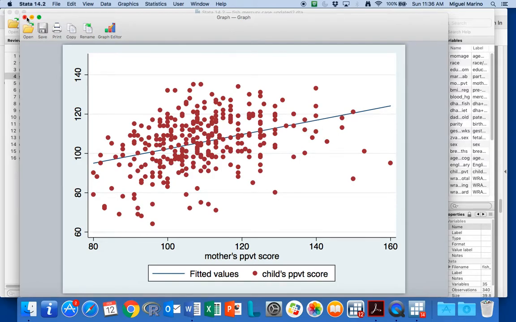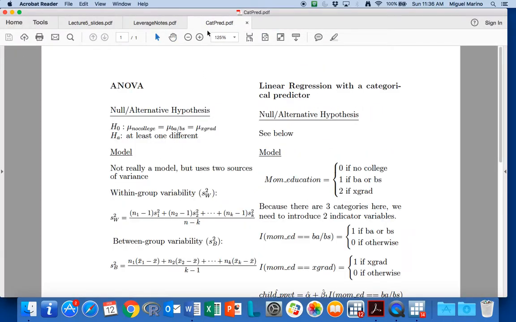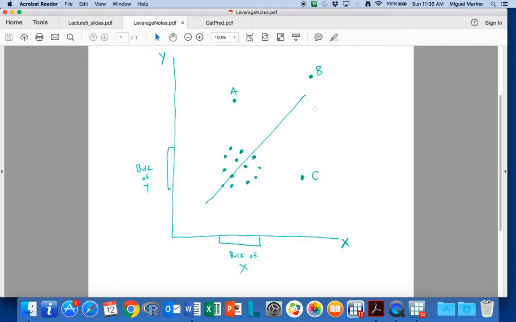So it doesn't necessarily always happen this way. Sometimes if you have an outlier, it actually could reduce your slope, as we were looking at here, right? If you had a slope like this, and if you're looking at an outlier like C, this slope could go down here. So you may actually have that issue, or you may have a different type of issue.